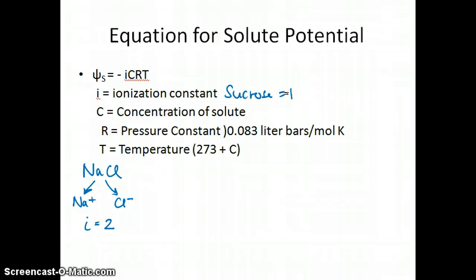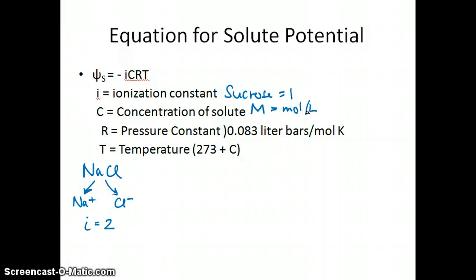C is the concentration of solute, and in this case, we represent this in molarity, and molarity is moles per liter. So that's basically your concentration of your solute. R is the pressure constant. Sorry for that parentheses, but it will be given to you on any of our equation sheets.